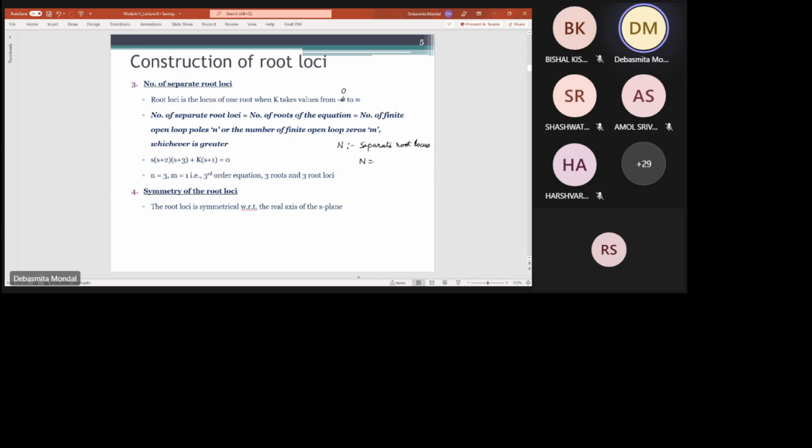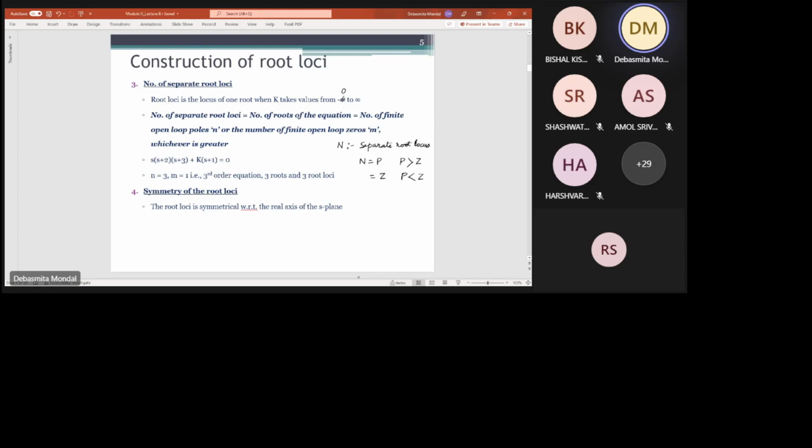The value of n will be equal to p if p is greater than z, where p is the number of poles and z is the number of zeros, or it will be equal to z if the value of p is less than the value of z. So depending on whether the number of poles or the number of zeros is more, the maximum of these two will be equal to the number of separate root locus.